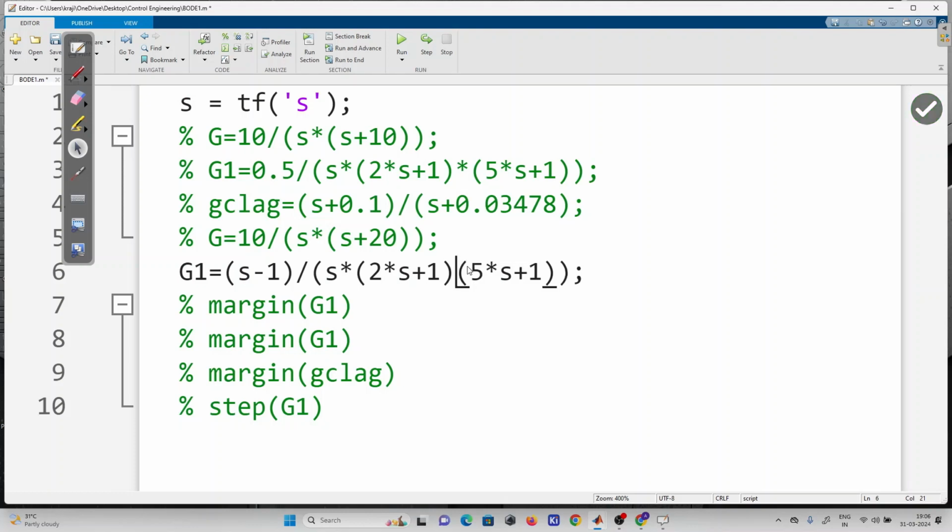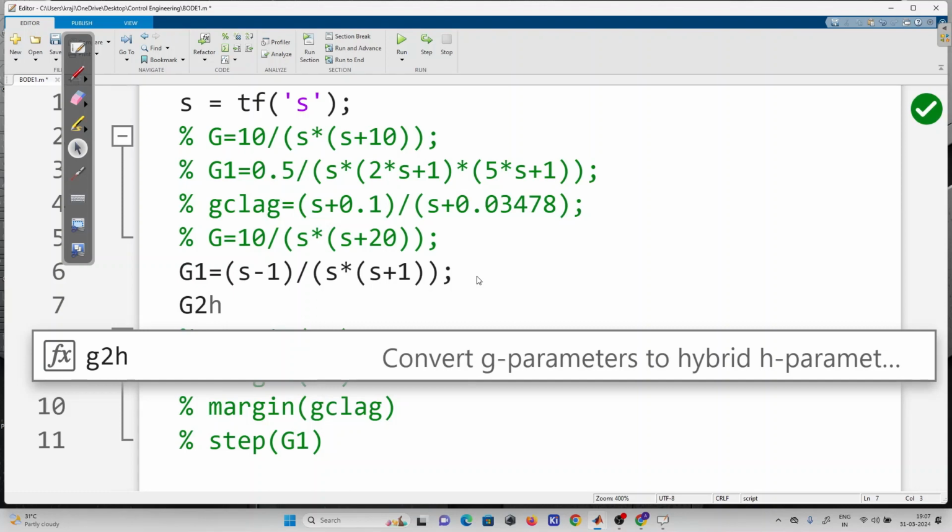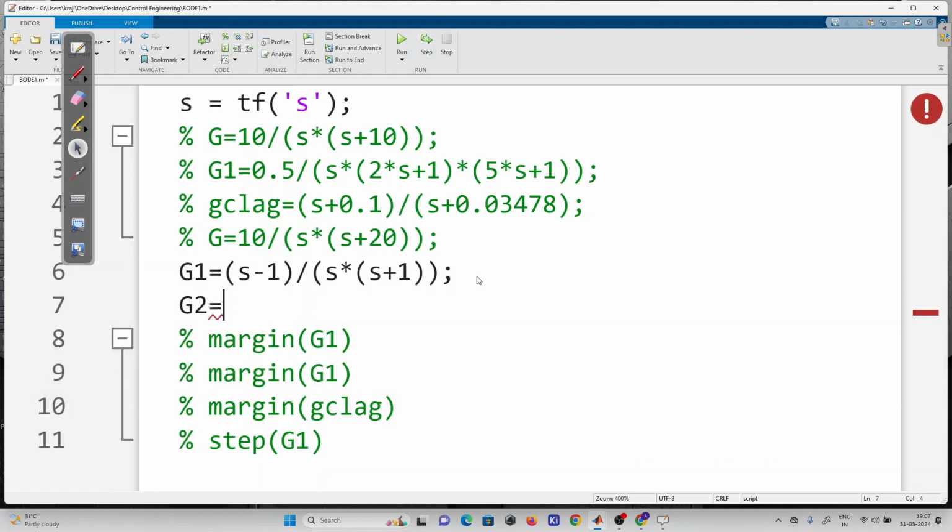Now we have to find the closed loop, so G2 will be equal to G1 by 1 plus G1, G1 divided by 1 plus G1.